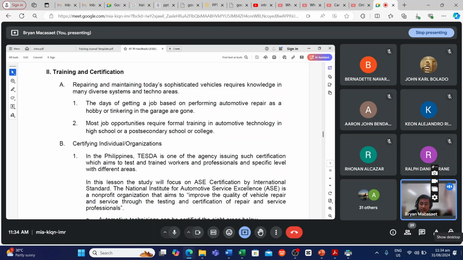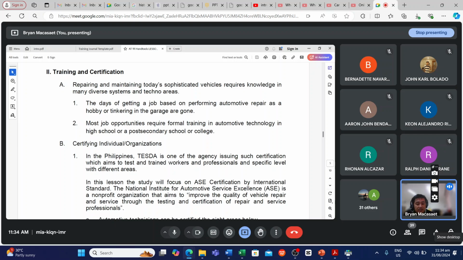Okay, letter B, certifying individuals, organizations. So in the Philippines, TESDA nga, yung sinasabi ko, is one of the agency issuing such certification which aims to test and train workers and professionals at specific level with different areas. In this lesson, the study will focus on ASE certification by international standard. So sa ibang bansa ang nagsa-certify, kung sa Pilipinas ay TESDA, ay ASE.